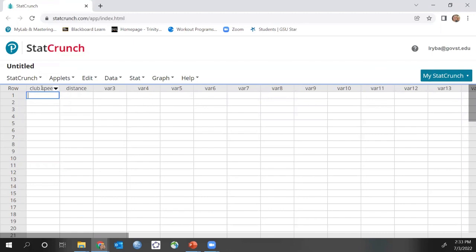Okay, they were 100, 102, 103, 101, 105, 100, 99, and 105. And the distances were 257, 264, 274, 266, 277, 263, 258, and 275.